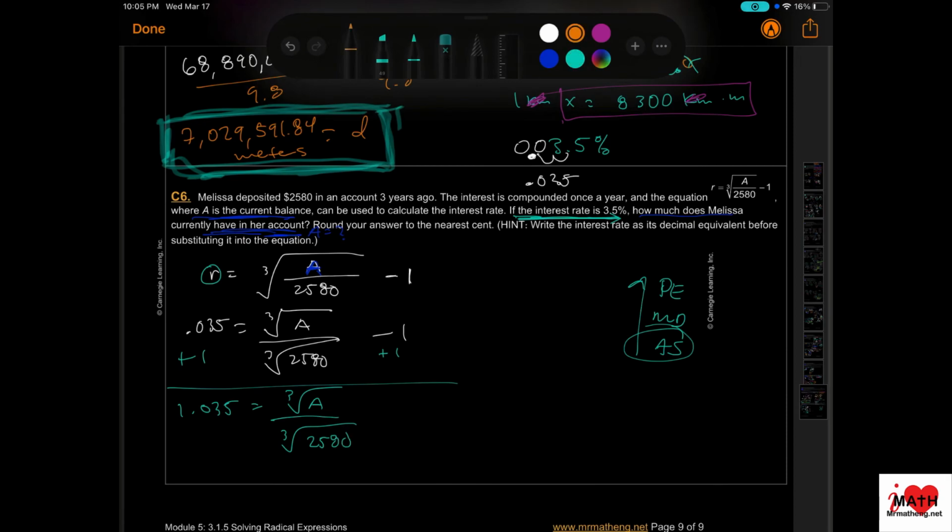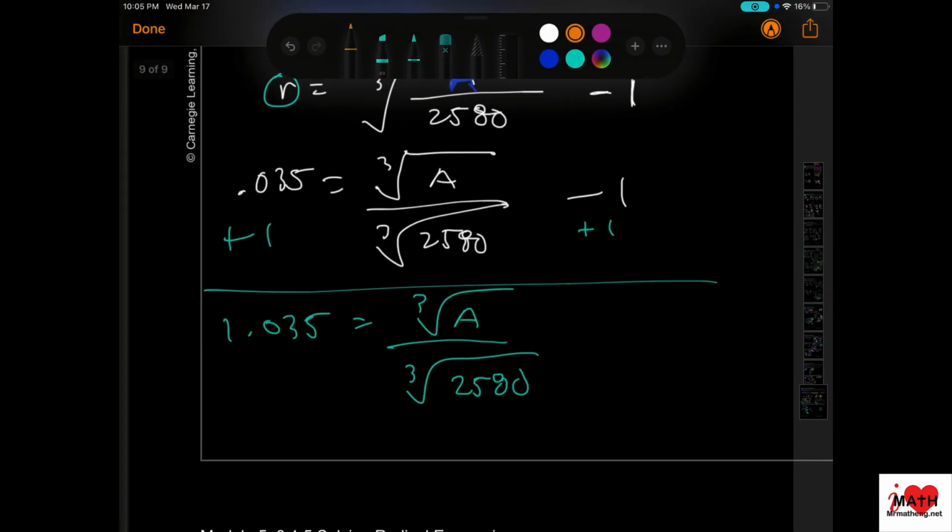And I'm going to multiply both sides by the cube root of 2580. Okay, so here, these will cancel. Okay, I have a calculator ready equation. So let me take a picture of this one again so I can input it for you.